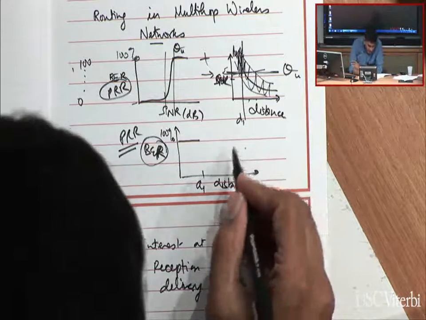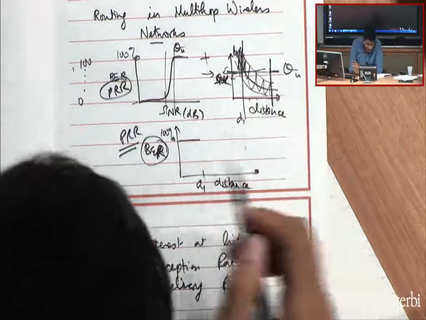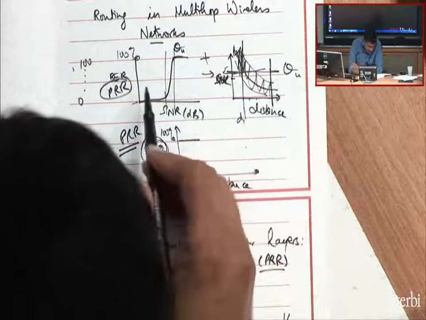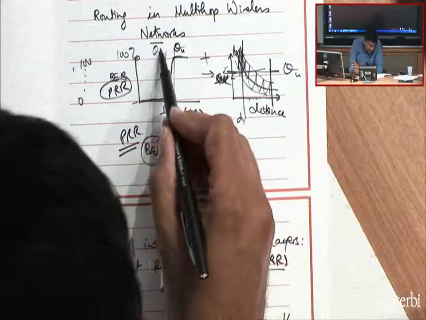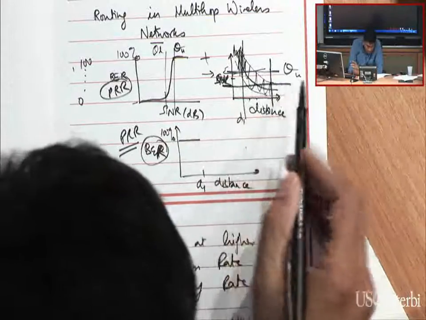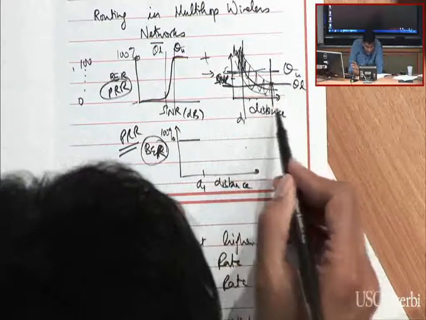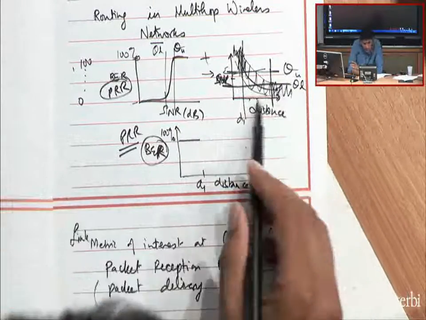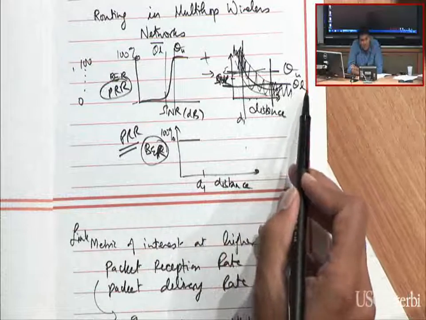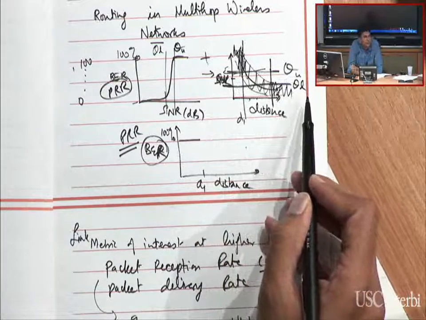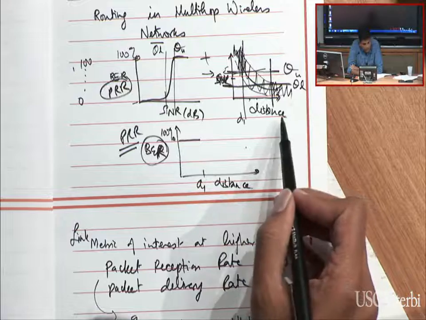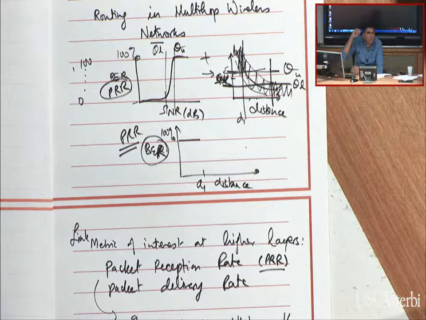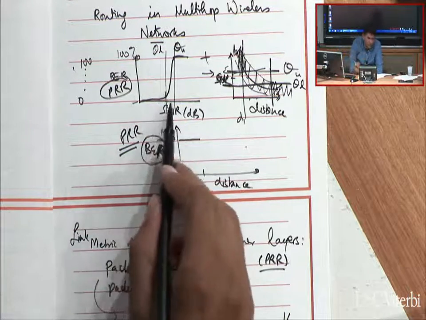If I go too far, and by too far we mean maybe you're looking at this theta lower, there may be some distance beyond which, with all of these statistical variations, I never even go above my lower threshold for the SNR. Okay, so it's so far away that even with all the fluctuations, it never gets high enough to cross even the lower threshold.